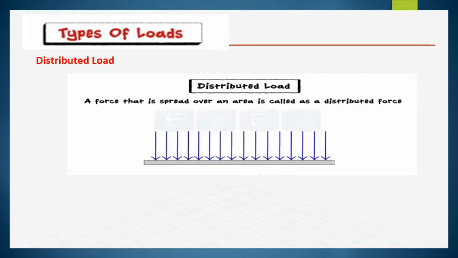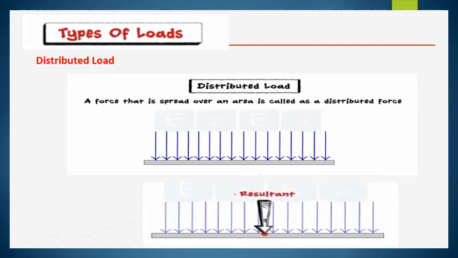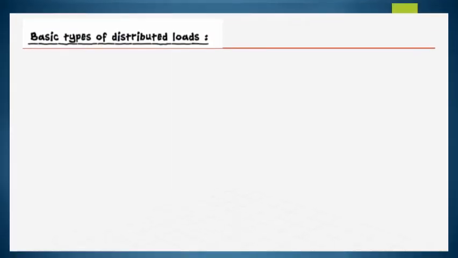As I already told, we calculate the resultant of this load and assume that this distributed load is concentrated at the center of gravity of the area over which it is acting. Let's see the basic types of loads.